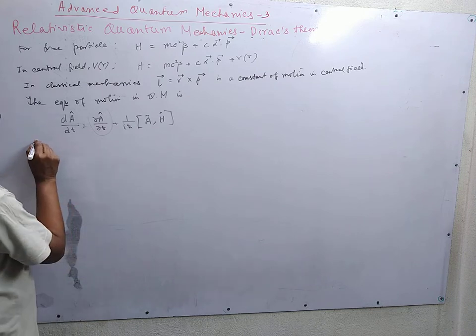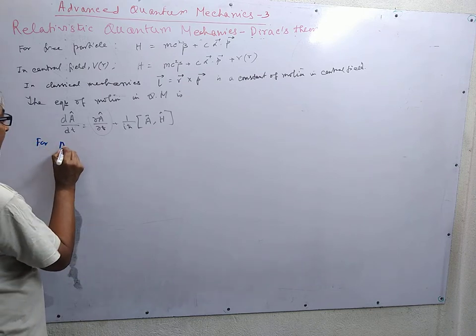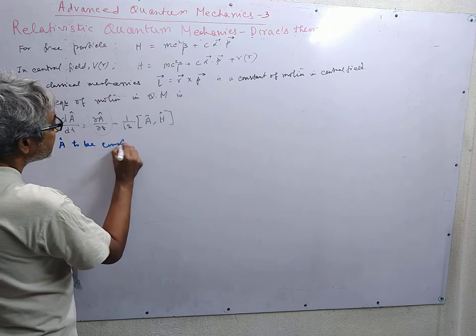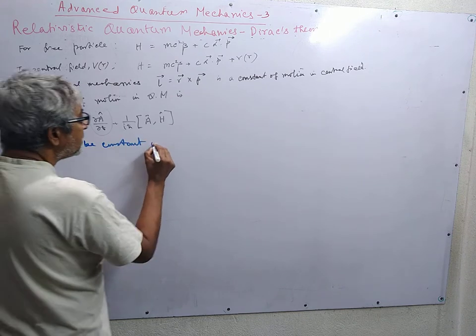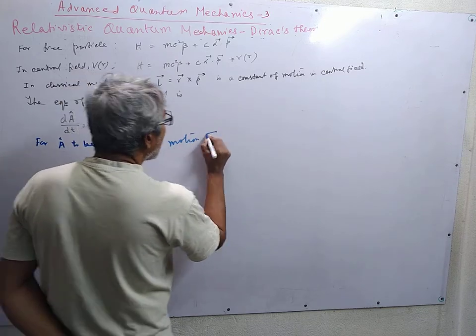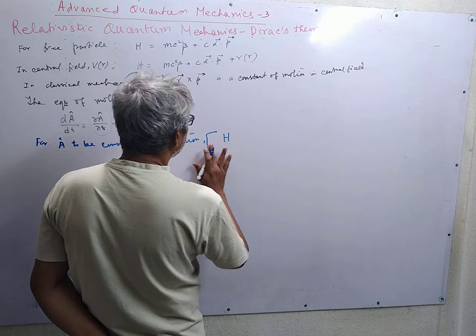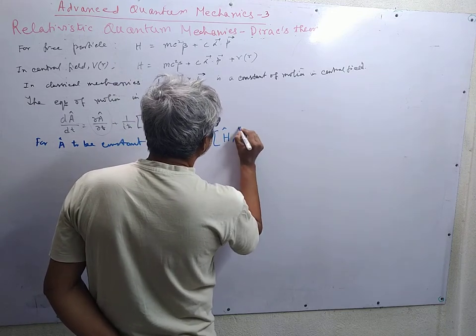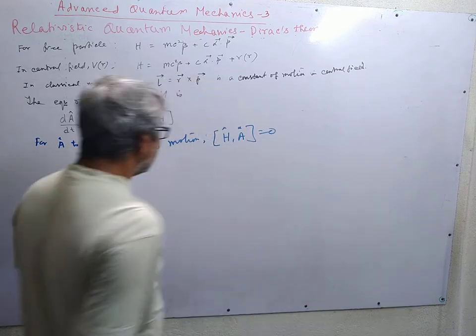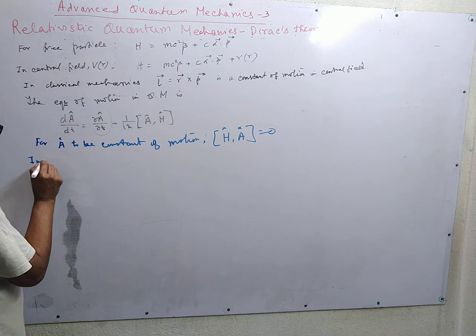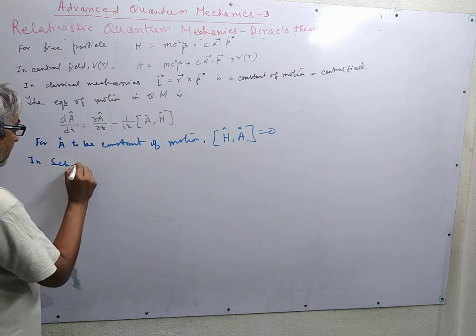For A to be a constant of motion, the commutator of the Hamiltonian with the operator itself has to be 0.